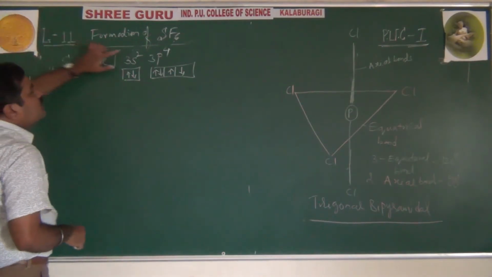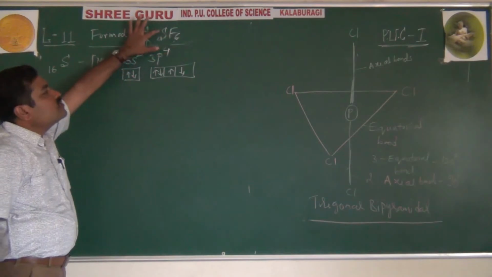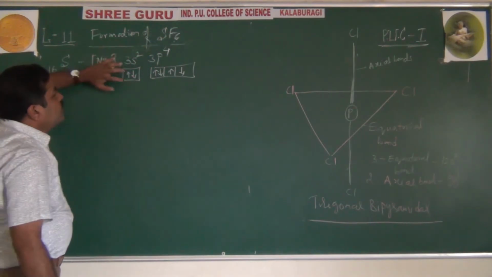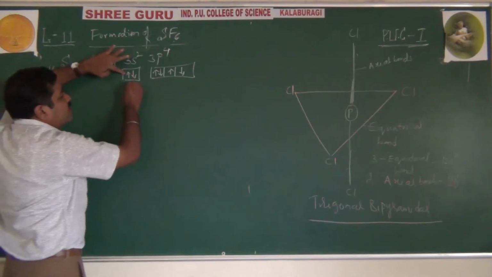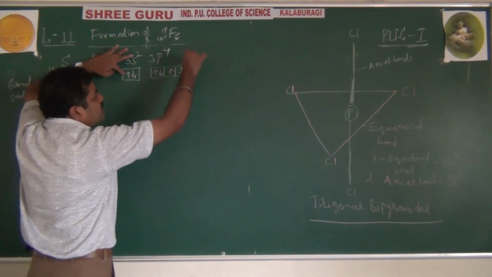Now there are 6 fluorine atoms. When 6 fluorine atoms try to combine with sulfur to make it hexavalent, a 3s electron and a 3p electron get excited to the d orbital.